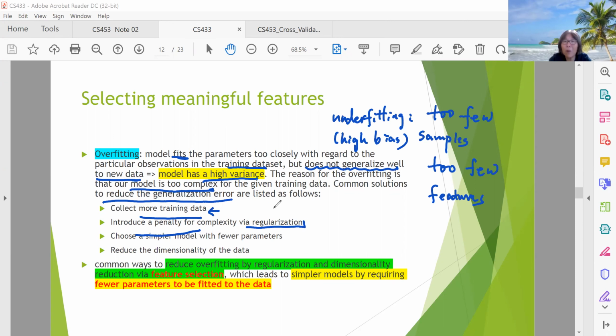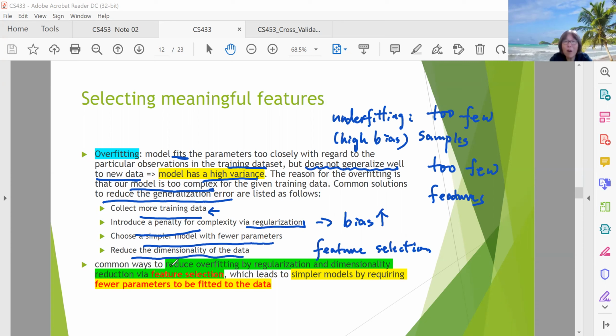This technique we already learned, because this kind of manually adds bias. And we can also choose a simple model with few parameters, and also reduce the dimensionality of data, so this is regarding feature selection. A common way to reduce overfitting is through regularization and dimensionality reduction using feature selection.